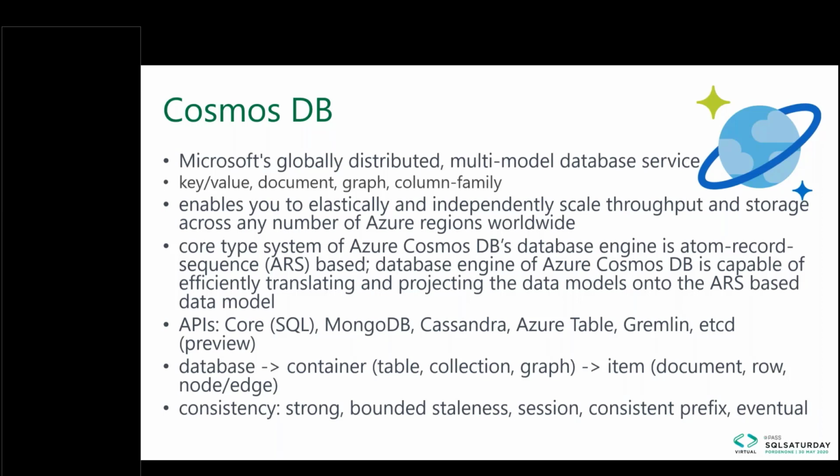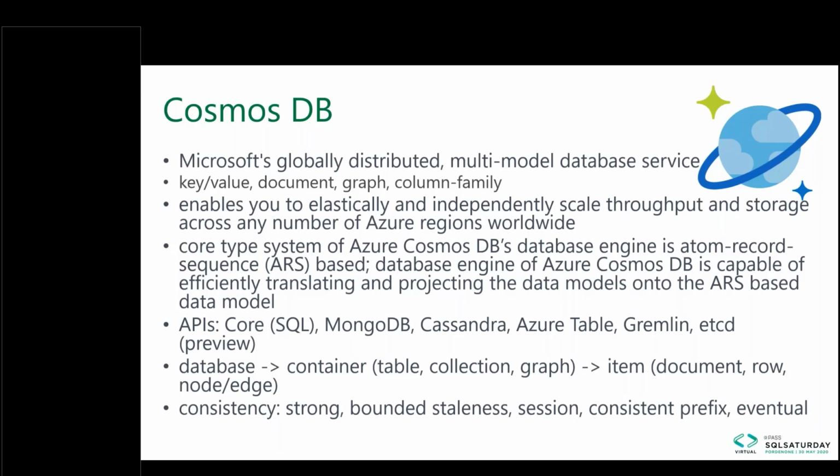The way that Cosmos DB can deliver all of these multi-model services is because under the hood, it actually uses the so-called atom record sequence, which is the way that it stores data. And then when you use one of the APIs available, it can very efficiently translate and project the data onto the model that you are using.